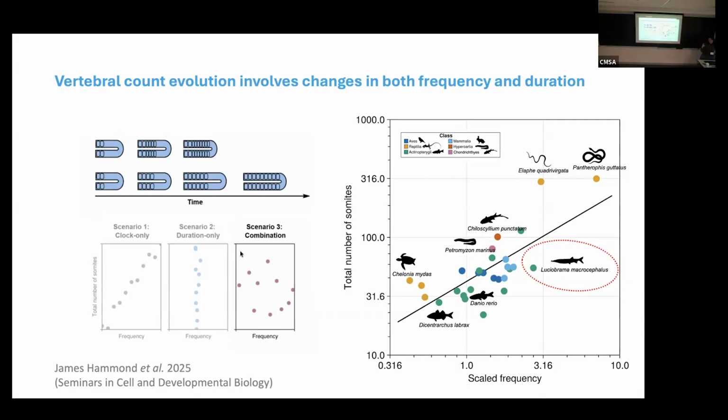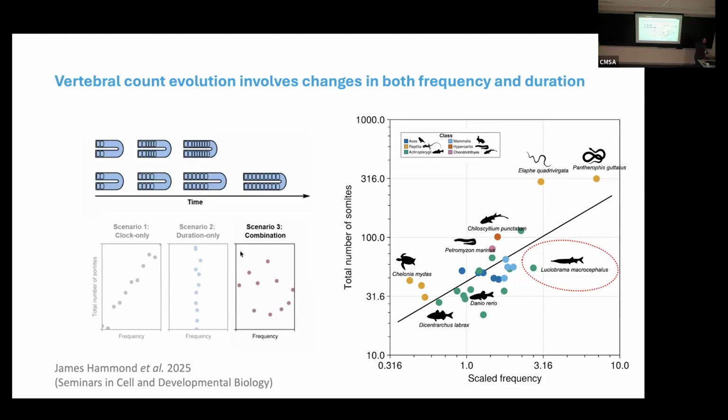And if we want to understand the evolution of duration of somitogenesis, we then have to start looking at the evolution of the morphogenetic processes that are underlying the elongation of the axis, amongst other things. It's sort of implicit, because if they make X number of somites and that's the tempo, then you can calculate the duration implicitly from that, which is why this one has less duration.